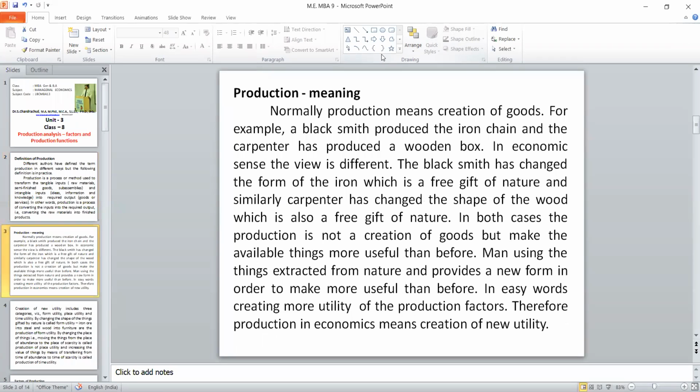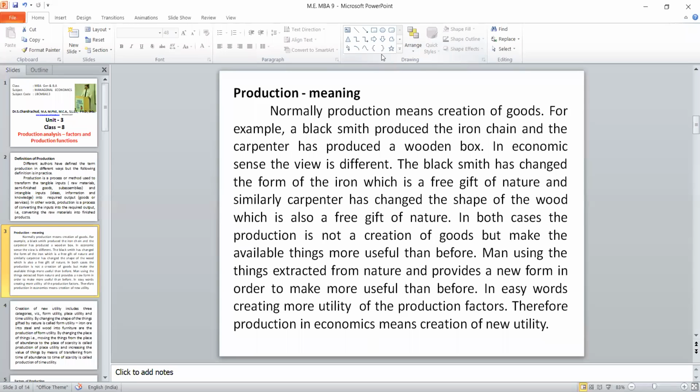Then how is production imagined? Understand one thing. Production is not creating a new thing. It is changing the shape of the product. For example, take a carpenter or a blacksmith. How is he doing the work? Already the wood is available.